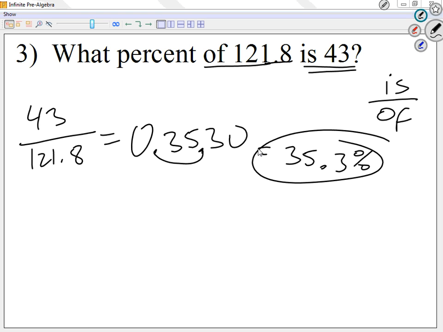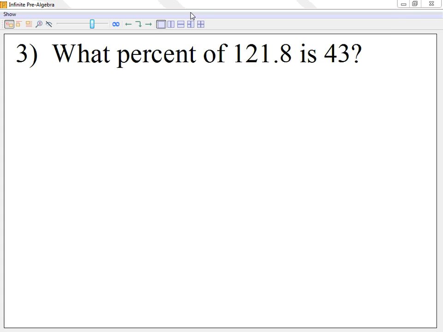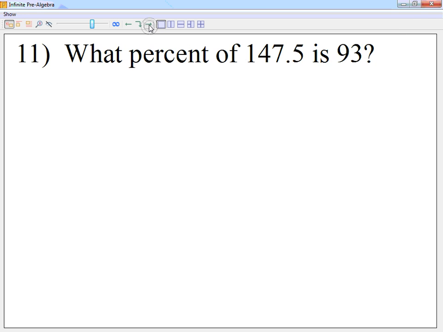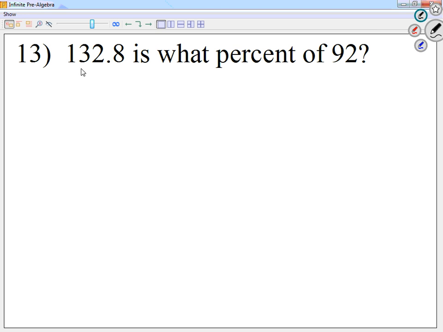Now, let me skip a few questions. Let me take a look at number 13. 132.8 is what percent of 92?